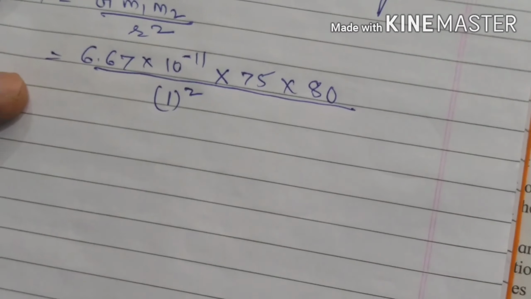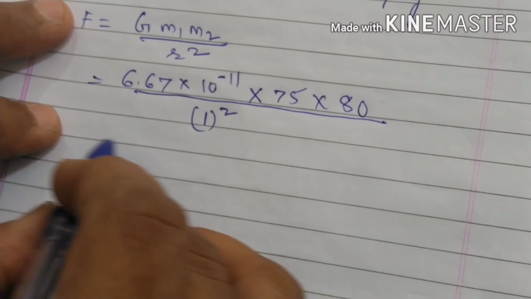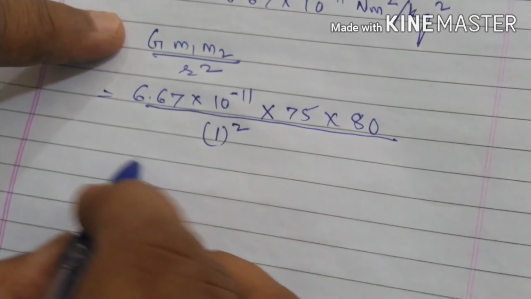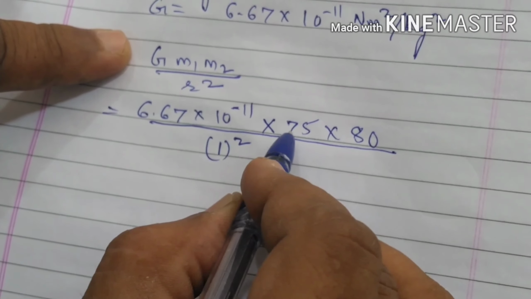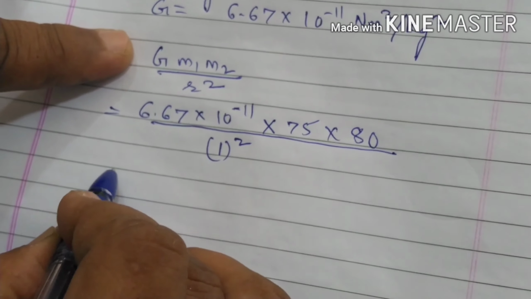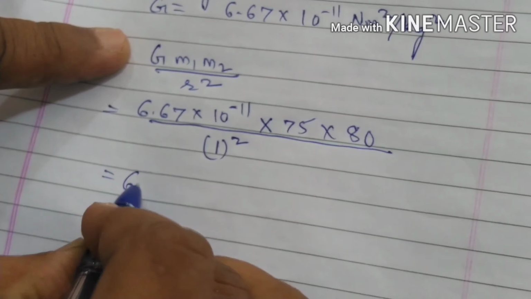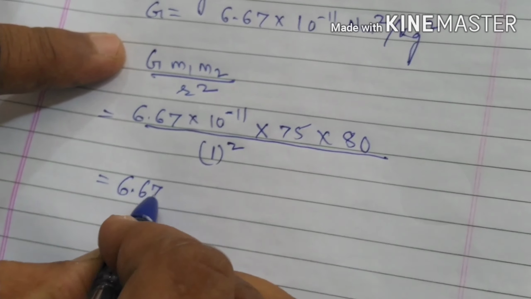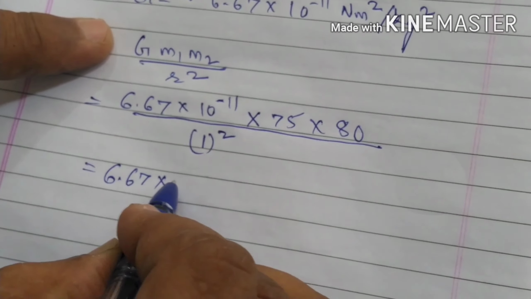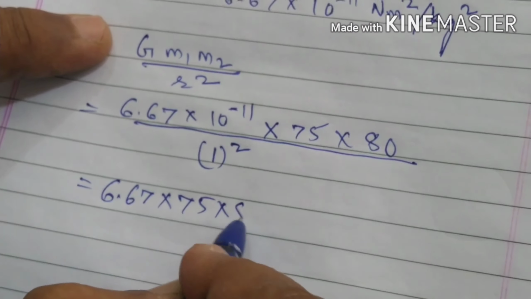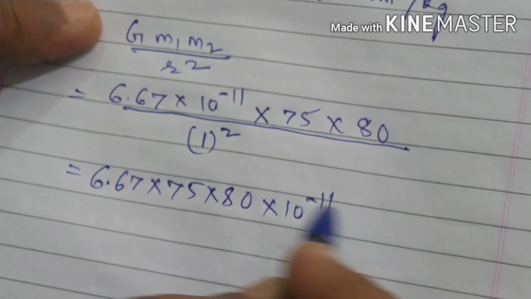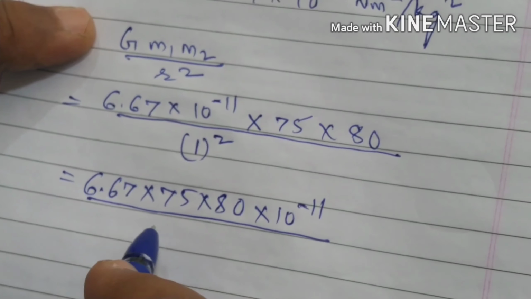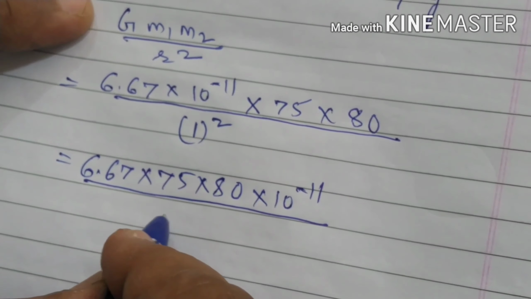Now see here, we will multiply this. We multiply 6.67 into 75 into 80 into 10 raised to minus 11 as it is, upon 1 into 1, which is 1 only.